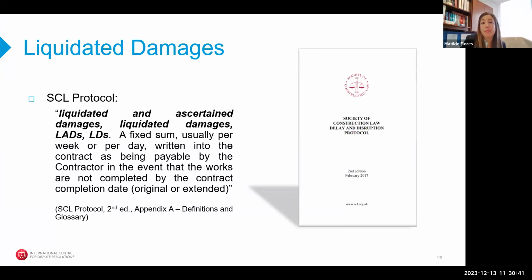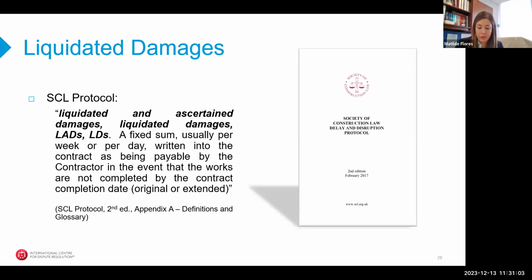Sure. So let's actually start by looking at the definition in the SCL protocol of liquidated damages, which we have on the screen. So they're defined as a fixed sum, usually per week or per day, written into the contract as being payable by the contractor in the event that the works are not completed by the contractor completion date, either original or extended.